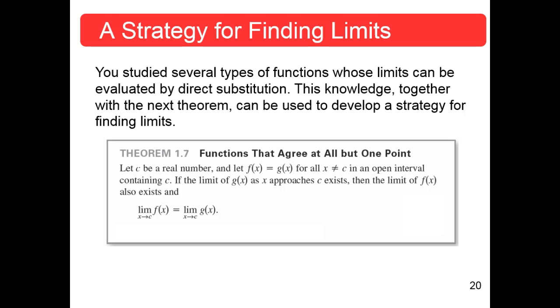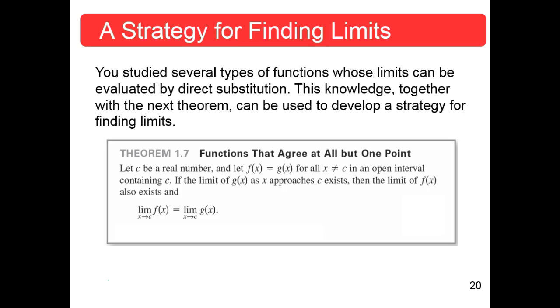But the limit of g of x as x approaches c exists, so the limit of f of x must also exist, because they're the same everywhere. If they both have the same limits as they're coming down, then that will be the case. They may not agree at x equals c, but the limits will agree.